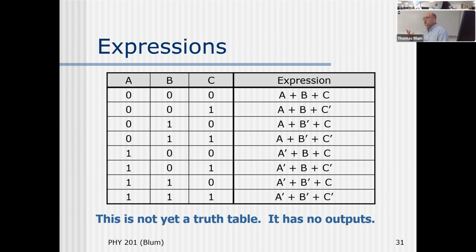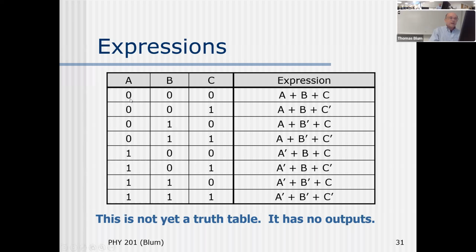Okay. So each row has an expression that is an OR expression, and that's 0 for that row and 1 every place else. When you want an OR, I want everything coming into my OR to be a 0. That's the unique thing for an OR, is when everything coming into it is a 0, you get a 0.